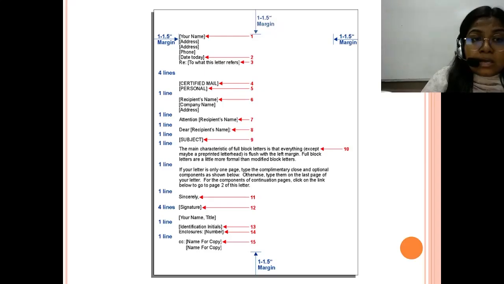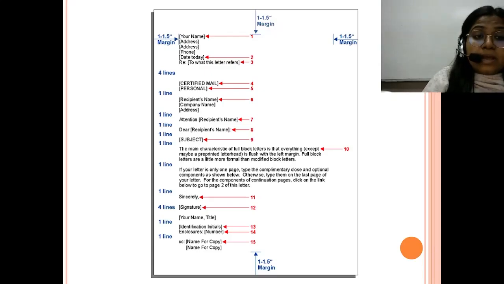It is essential to write a business letter to maintain contact with the external world, including other businessmen, customers, and government departments. It serves as a record for further reference. It is used to build goodwill.